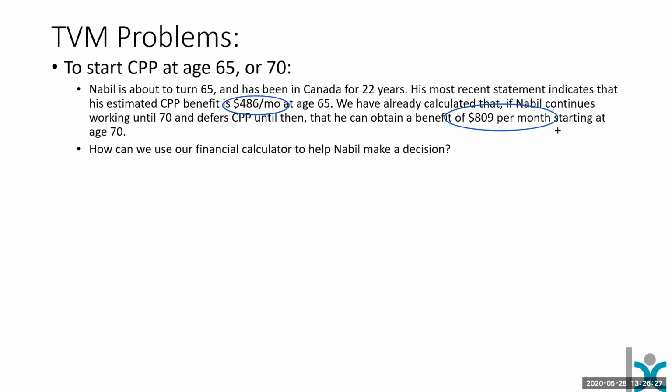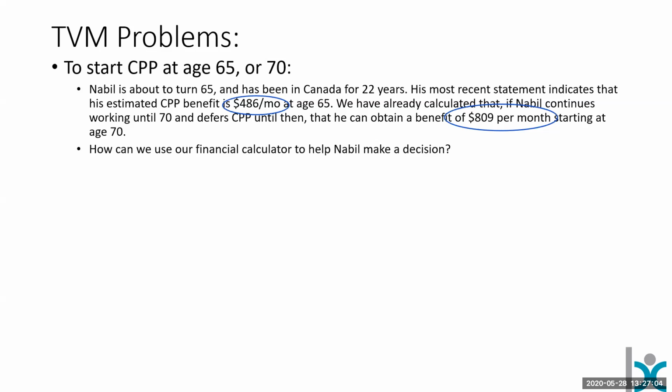Once I know those things, what's the question we're trying to help Nabil solve here? Yeah, you should know the minus 0.6%, Esther, and the plus 0.7%. Those are numbers you should know. Okay.